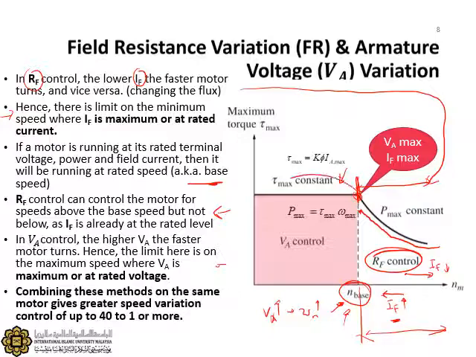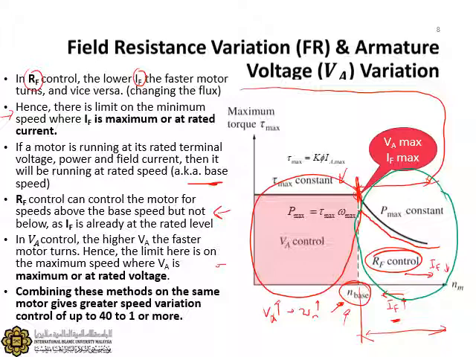Within this region that I circle in red here, you can use this VA control technique, but for the other region, maybe I change the color, I'll use green, for the region that I circle in green here, you will need to use the second, or in this case the first technique, the field resistance variation technique.